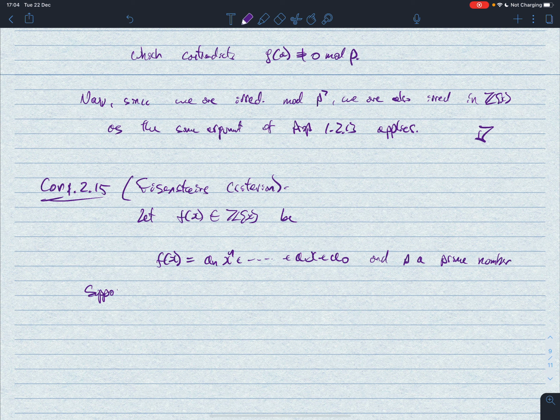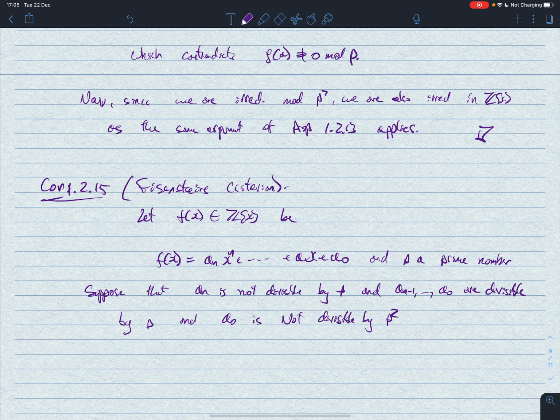Suppose that a_n is not divisible by p, so this first coefficient is not divisible by p, and a_{n-1}, all the other ones, are divisible by p, and lastly a_0 is not divisible by p squared.